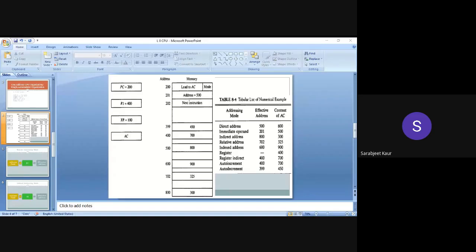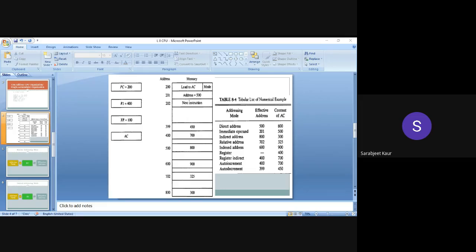Any problem? Ma'am, please explain this again. Beta, what is the immediate addressing mode I've just told you about? Immediate addressing mode means that the address field contains the operand only.